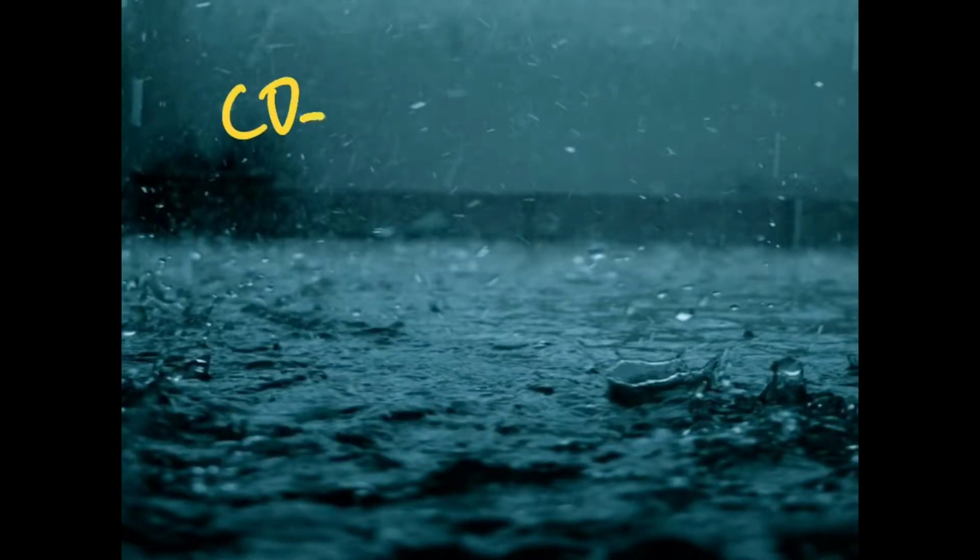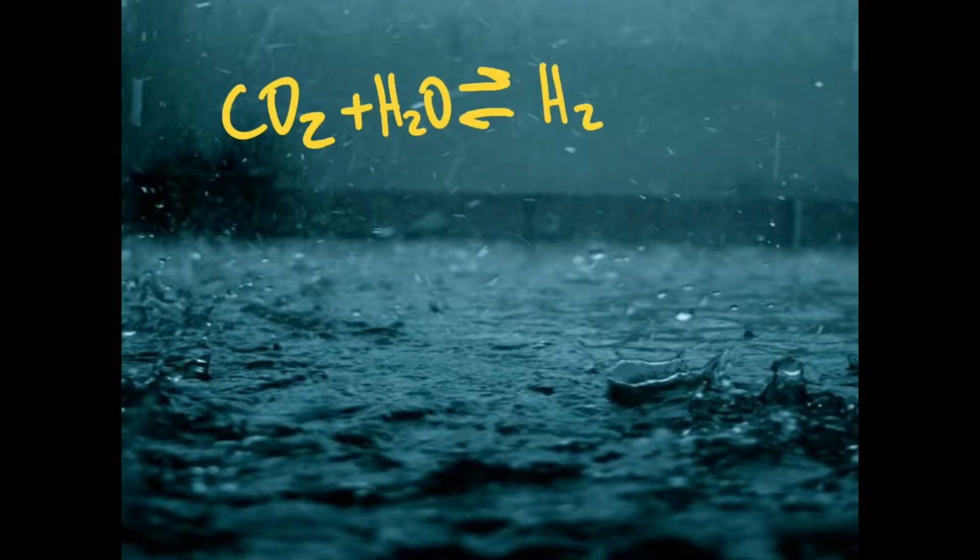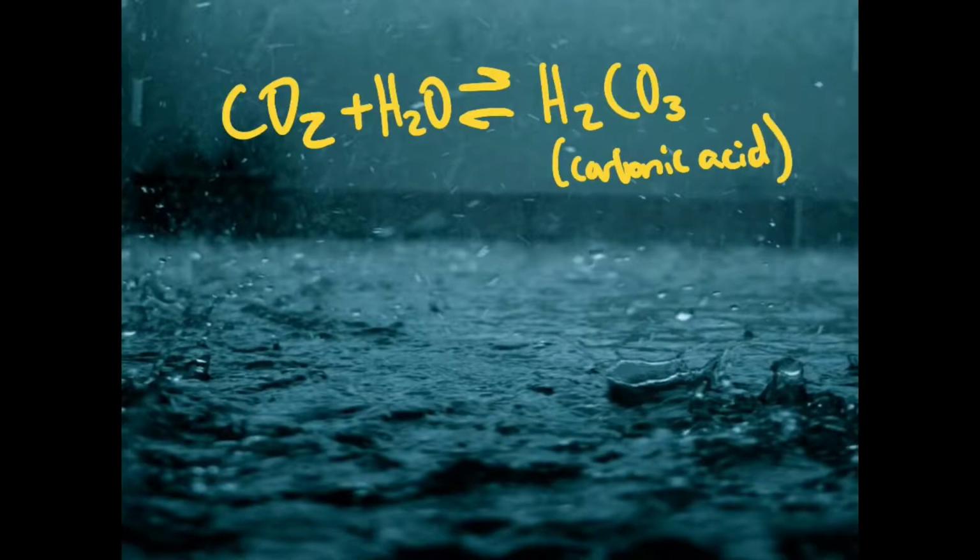CO2 in the atmosphere combines with water to form carbonic acid. So the formula for carbonic acid is H2CO3. What this is going to do is make the rainwater slightly acidic.